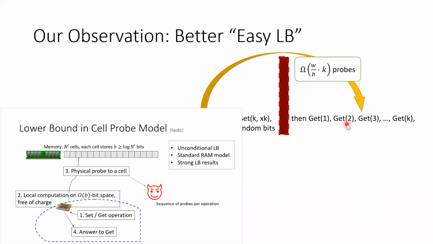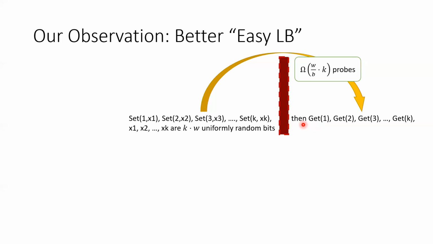How can this algorithm answer a query if it doesn't know where the next query is? The only possibility is that in this sequence, the get queries are very predictable, right? This get one, the next query will be get two.